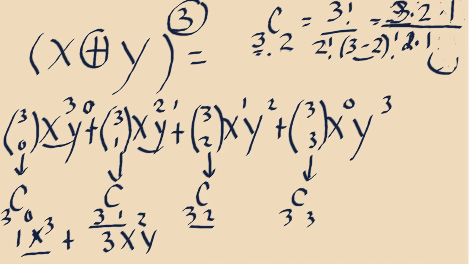Now 3 minus 2 is going to be 1 factorial, which is just 1. So again, this is going to be reduced to 3. So this is equal to 3. And then bring down that xy squared.